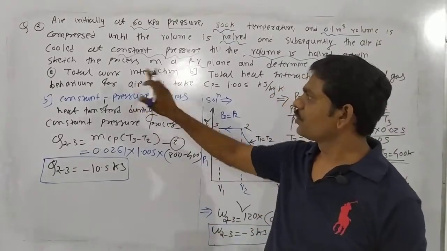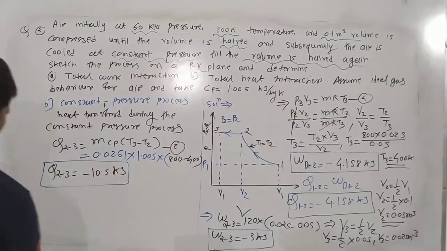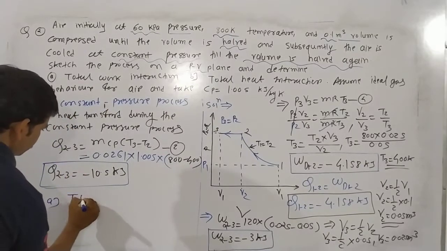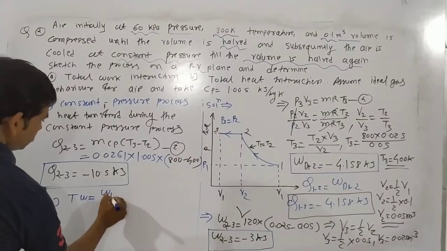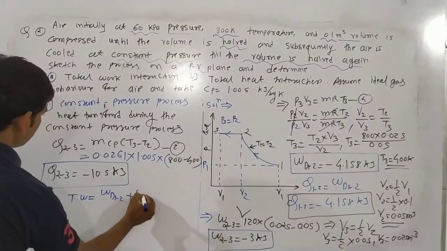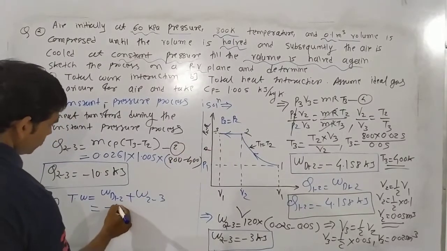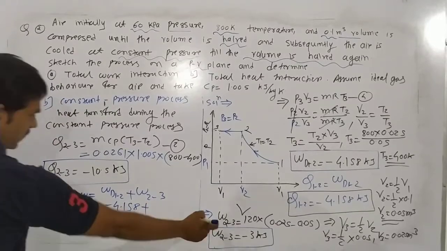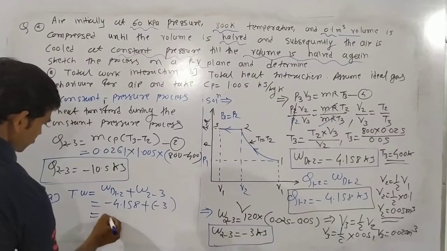So what is asked? Total work interactions and total heat interactions. First we calculate the total work interactions, total work done. It is the addition of work done 1-2 plus work done 2-3. So work done is minus 4.158 plus the work done 2-3, minus 3. So how much total?